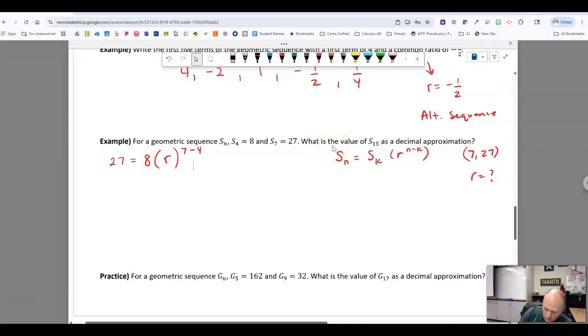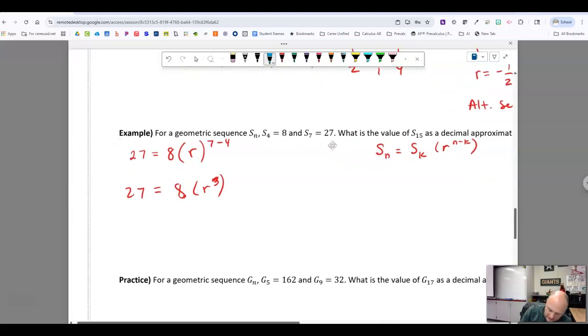Okay, so what we end up getting here is 27 is equal to 8 times r to the power of 3. Okay, so I can go ahead and now solve for r. I can divide both sides by 8, and we get r cubed equals 27 over 8.